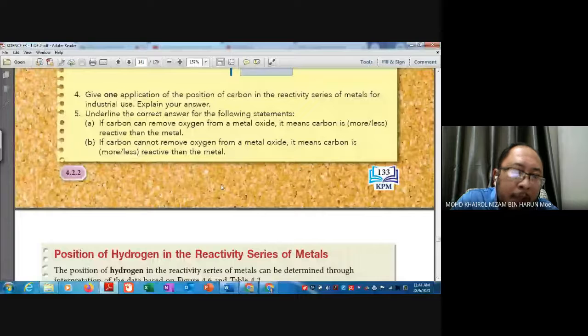In this experiment, we only compare the reaction between lead, zinc, and aluminium. We have to do it with all the metals to make sure the position is accurate. So that is the experiment on how to determine the position of carbon in the reactivity series of metals.